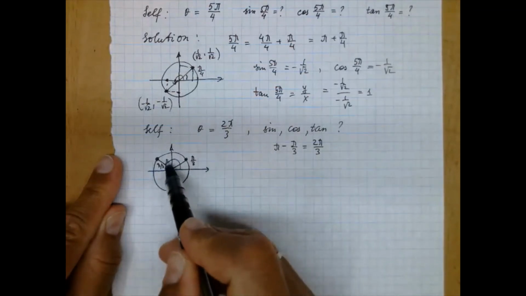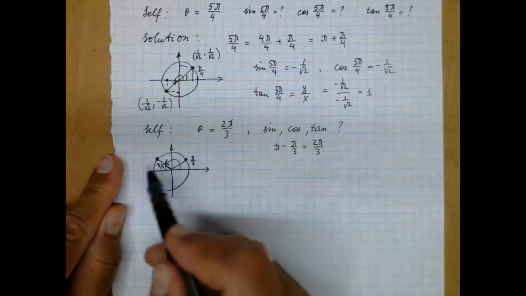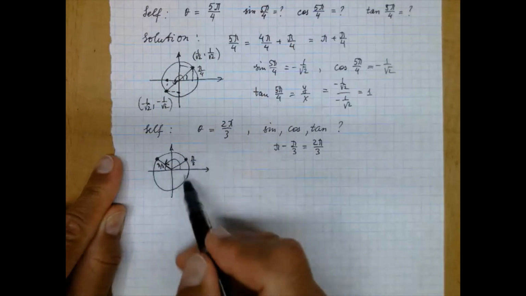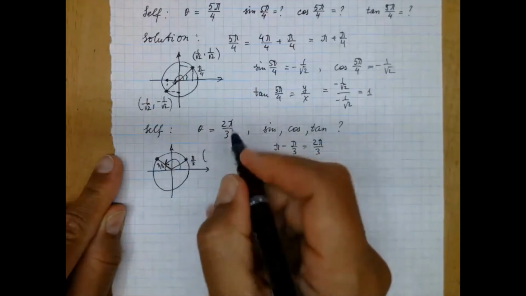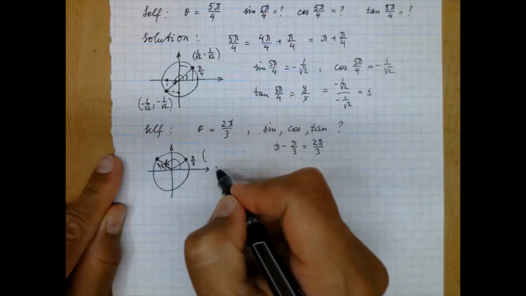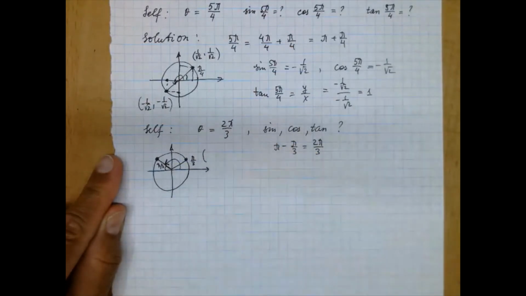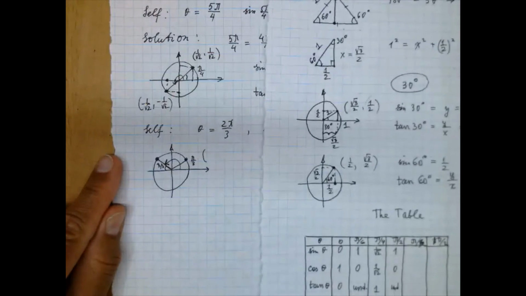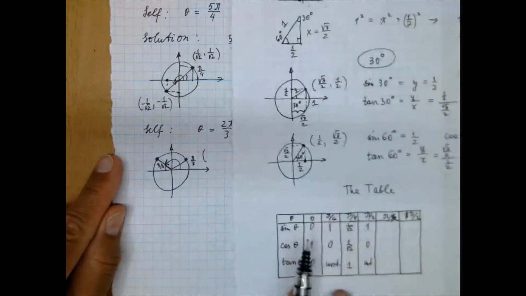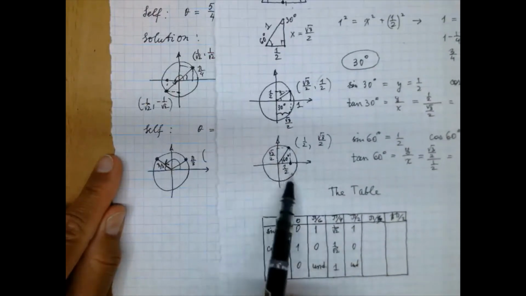So what is the angle? The angle is this one, right? What is going to be symmetrical? What is going to be the same? What is going to be different? First, recall that for pi over 3, the coordinates were, let me go back to the picture to show you. So where is my pi over 3? For pi over 3, which is 60 degrees, we're going to look at this circle.